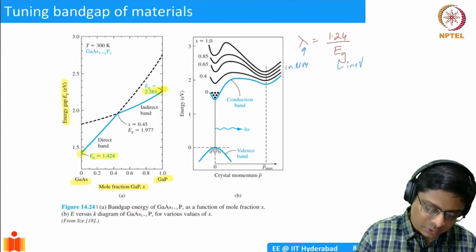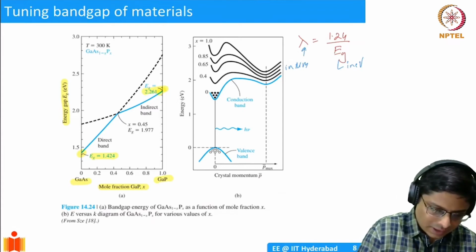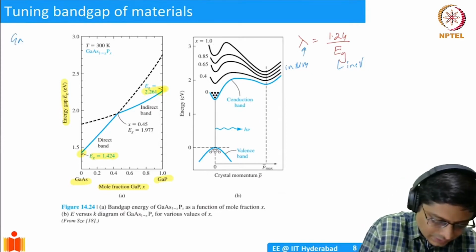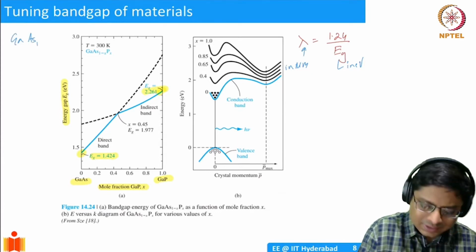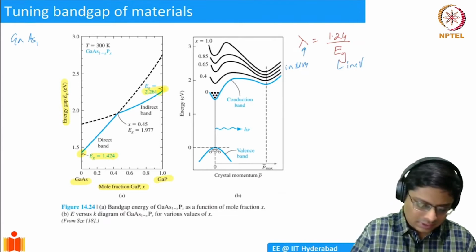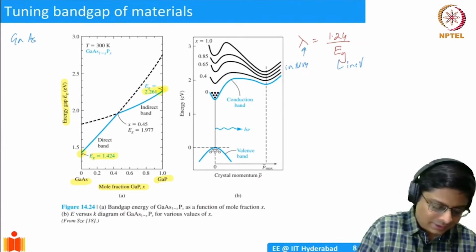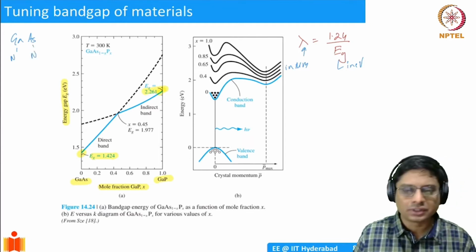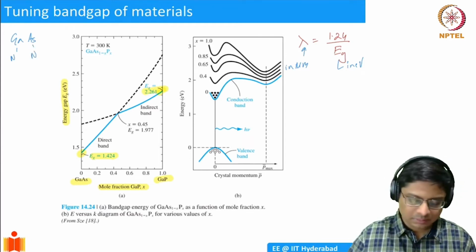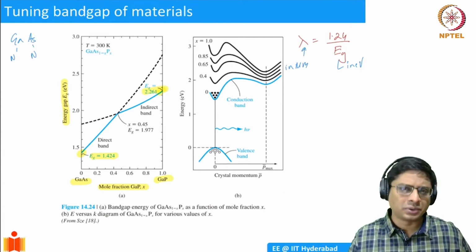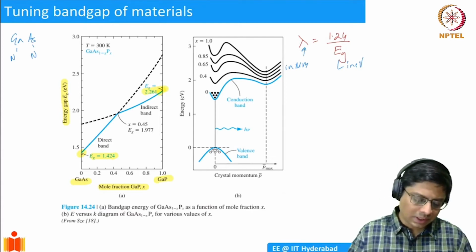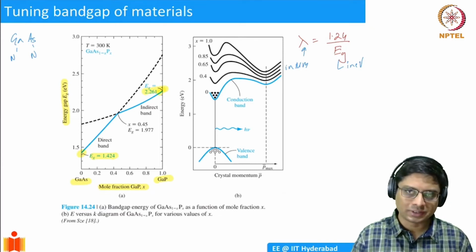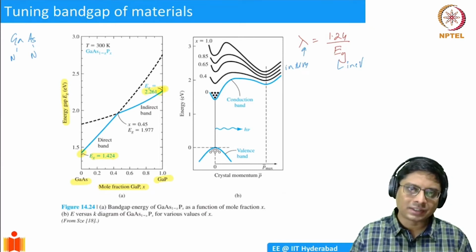Now the way we do that is, let's say I have gallium and arsenic. Let's say there are n atoms of gallium and n atoms of arsenic in your material; you can think of this per unit volume. Let's say there are two arsenic atoms in the unit cell, and I'll replace one arsenic atom with a phosphorus.